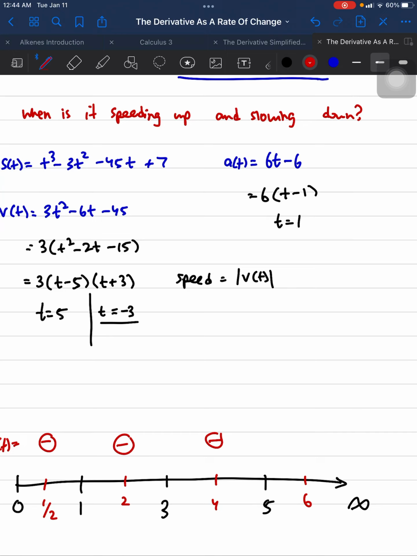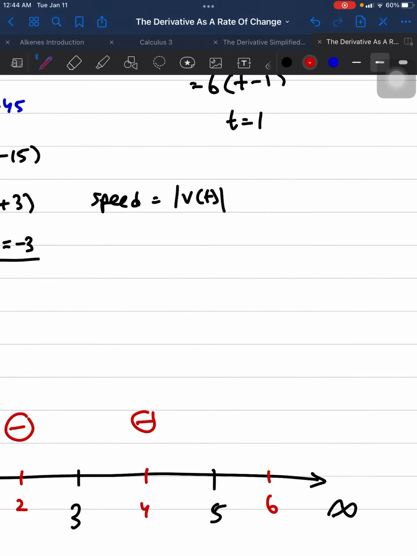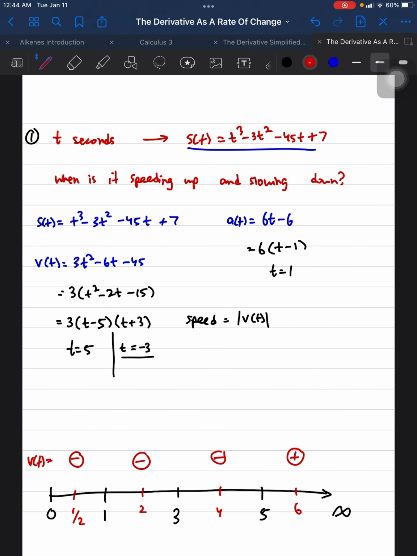And when we evaluate this at 6, we get a positive value of 27. So from 0 to 5, the velocity function is negative. That means it's either going down or it's going towards the left. So from 0 to 5, it's all the way negative.